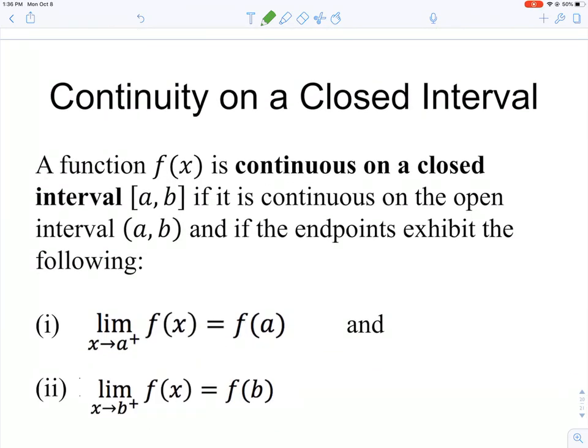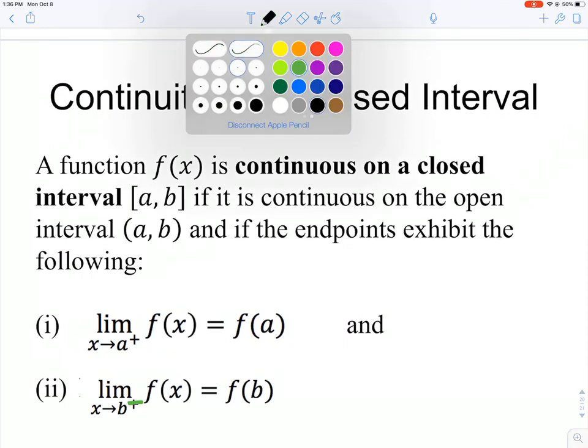Okay, a function can be continuous on a closed interval as well. A function f of x is continuous on a closed interval from a to b, where a and b are included, if it's continuous on the open interval from a to b, and if the endpoints exhibit the following behavior. If the limit as x approaches a from the right of f of x is equal to the function evaluated at a, and the limit as x approaches b from the left of f of x is equal to the function evaluated at b as well.